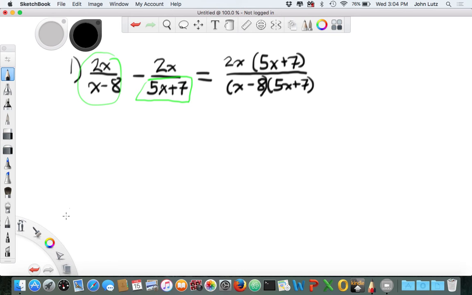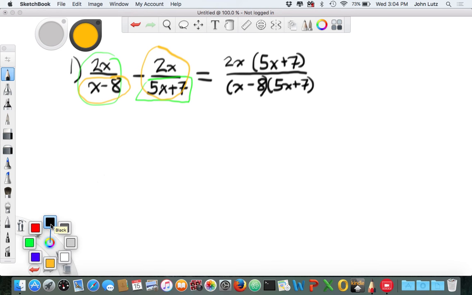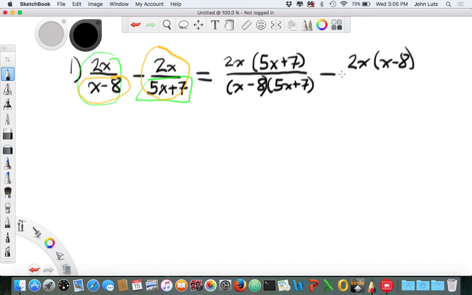Then you're going to take this entire fraction here and multiply both the top and the bottom by the denominator of that side. So we're going to do minus 2x times x minus 8 over 5x plus 7 times x minus 8.